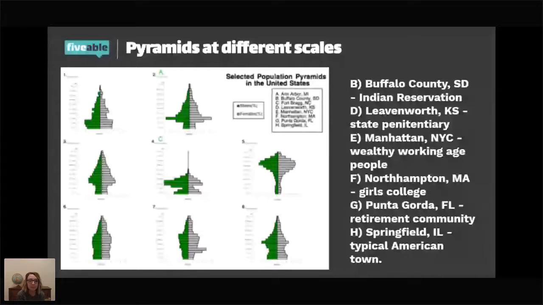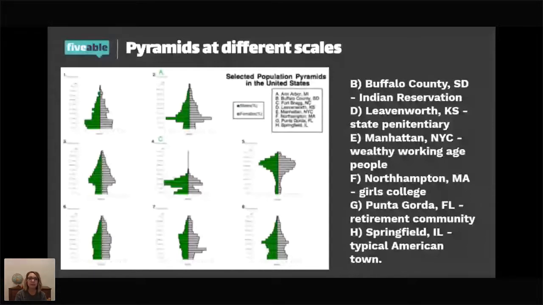The next pyramid I would probably look at is 7, just because it has that large jut out of your kind of 15 to 24 age range on the female side. So then I go back to my answer choices and I see that F, Northampton, has a girls' college.